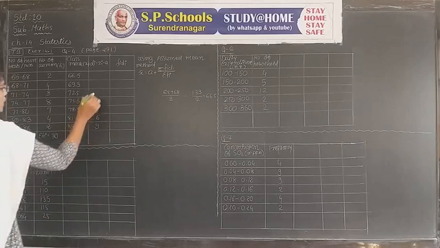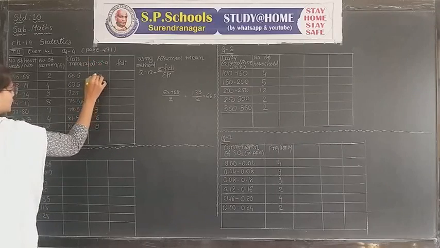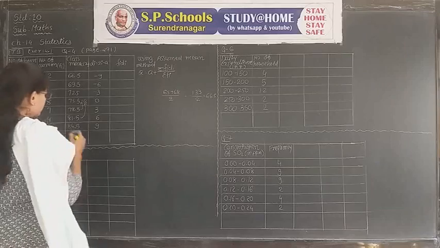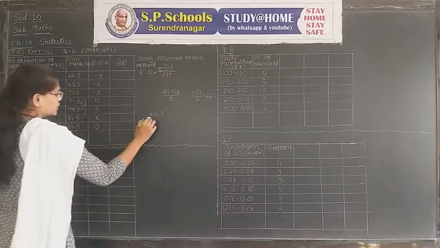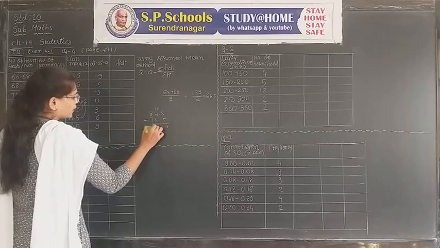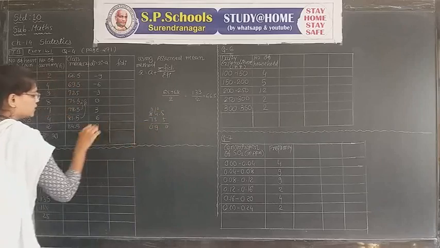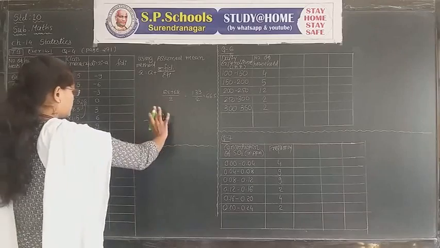Then 9. Upside they are negative, like this. If you are not able to do it directly, write like this: 84.5 minus 75.5, which is 9.